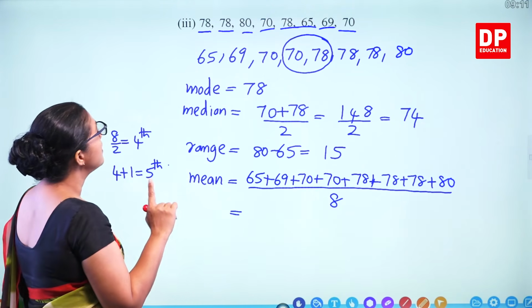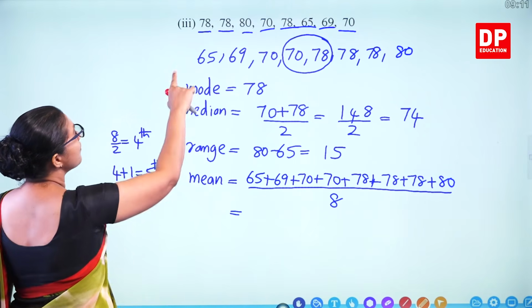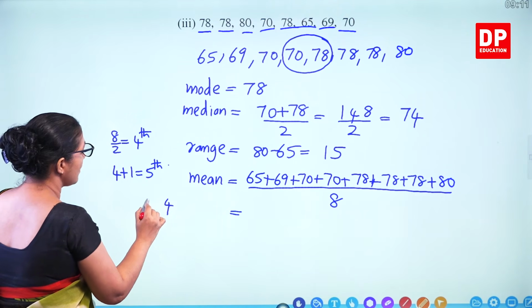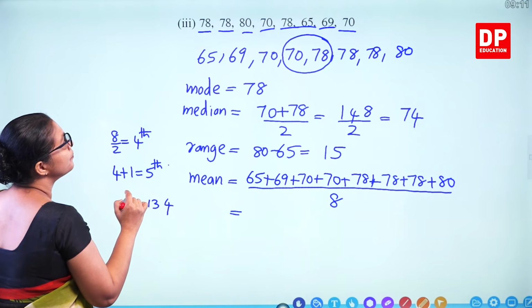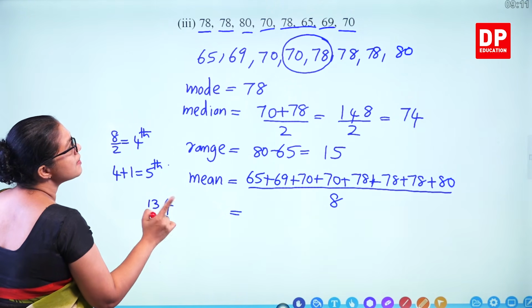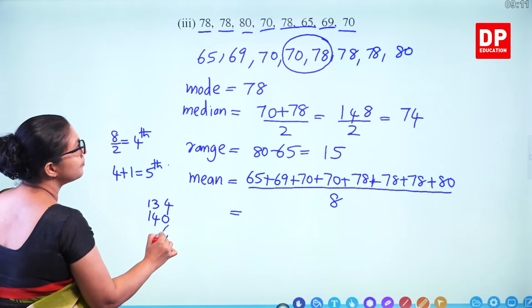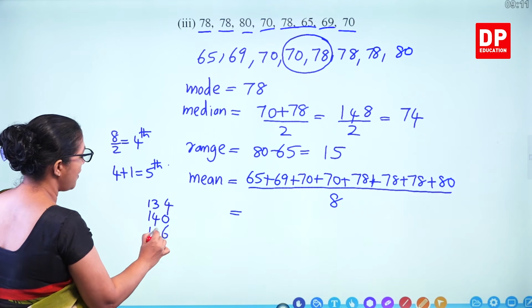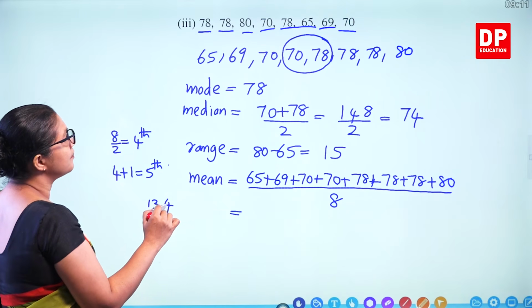Now we'll add 2 at a time. These two, 134. 70 and 70, 140. 78 and 78, 156.